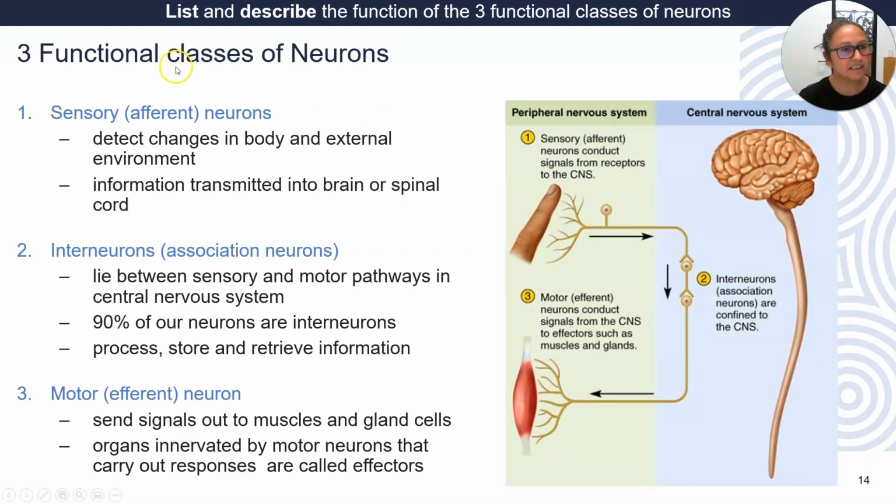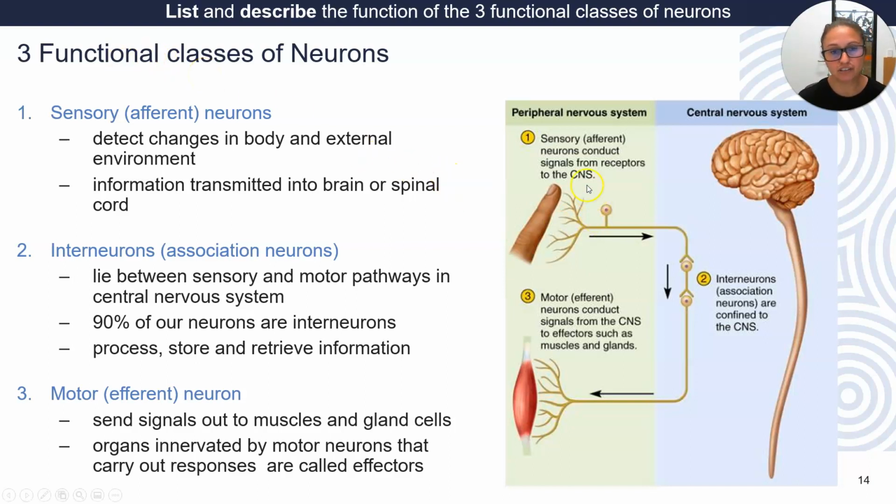So let's have a look and see what a neuron is. A neuron is just the cell that makes up nervous tissue. Okay, so remember we had populations of cells. Populations of cells make tissues, all right? So there's three kinds of neurons.